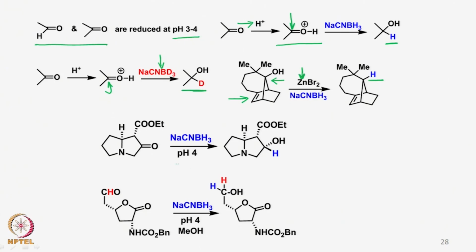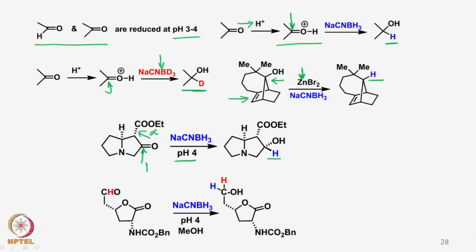Even here in this case, we can see that this carbonyl group is reduced to the corresponding alcohol, and at pH 4 the reduction allows the approach of the hydrogen coming from the beta side, because of the ester group which is alpha oriented.